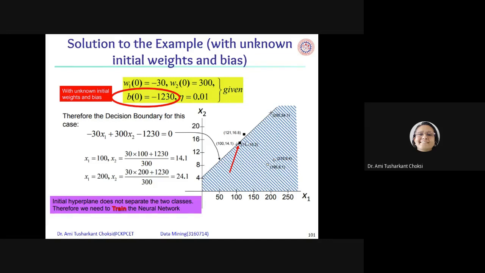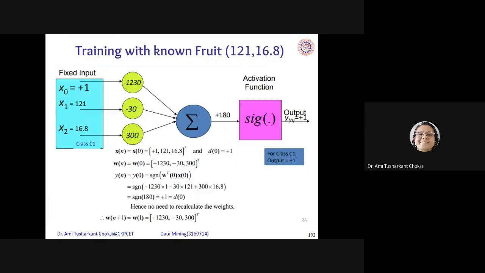So this line, whatever we have considered, is not linearly separating the two classes. Okay, fine. So we need to train the neural network. Fine. Now, training with known fruit. We have to train the model with known data, isn't it? Where the desired output is also there. Fine. Let's see.